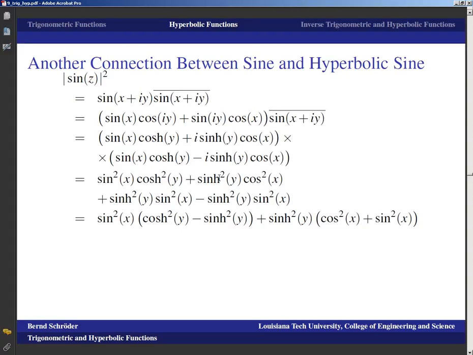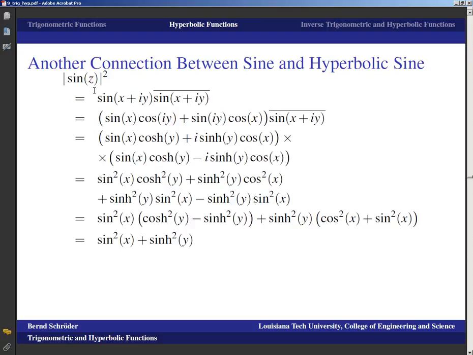And out of the middle we can factor out sinh squared y, so we get sinh squared y times cosine squared x plus sine squared x. Well, we know cosine squared x plus sine squared x is equal to 1, which is good. And you can verify fairly easily that cosh squared y minus sinh squared y is 1 also. So that means this is just sine squared x plus sinh squared y.